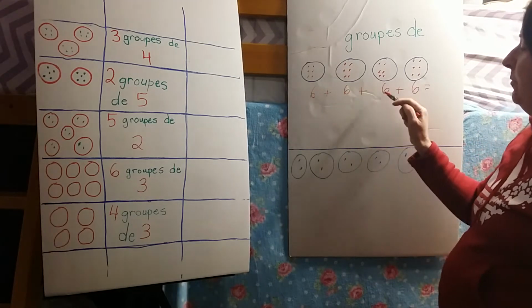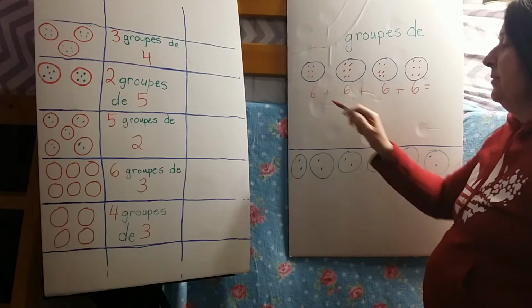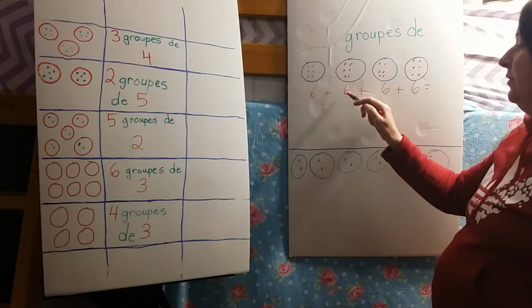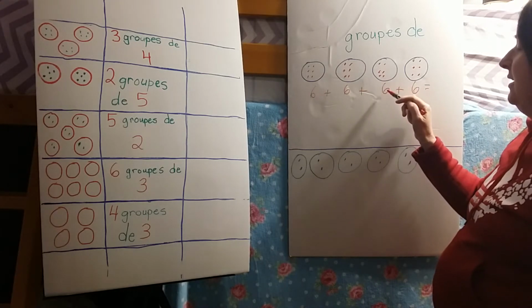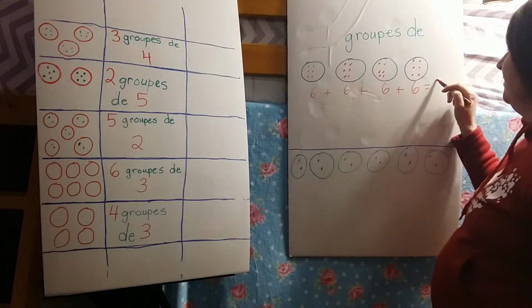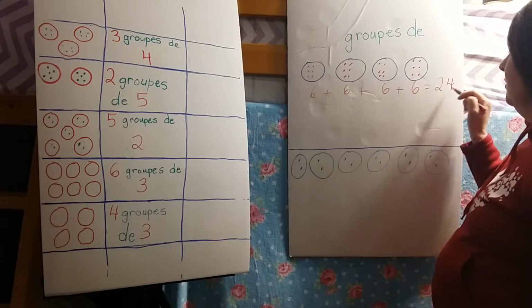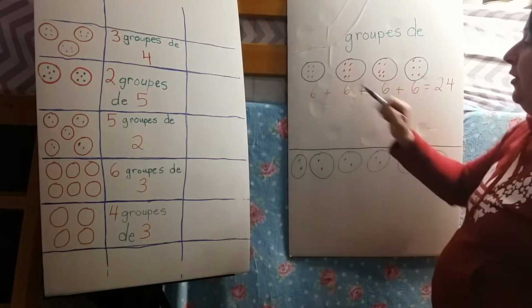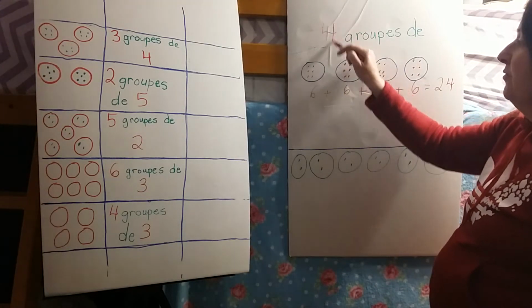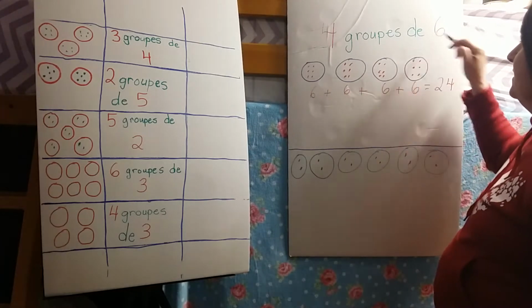I would add all these up. 6 plus 6 gave me 12, and 12 plus 6 gave me 18, and 18 plus 6 gave me 24. Another way of writing this is to say that I have 4 groups of 6.